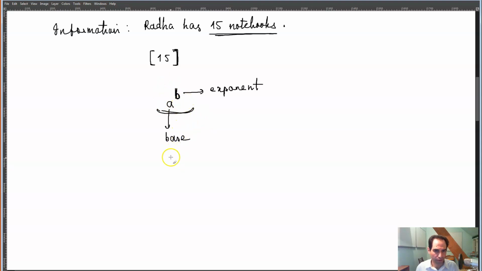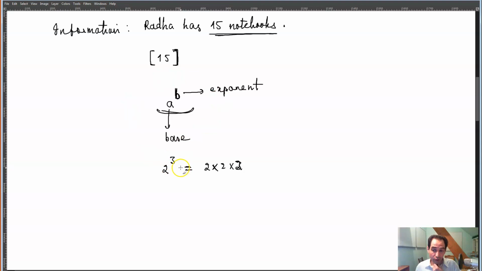When we say 2 raised to the power 3, based on the notation, this means 2 times 2 times 2, meaning that the base is multiplied by itself the number of times determined by the number in the exponent.